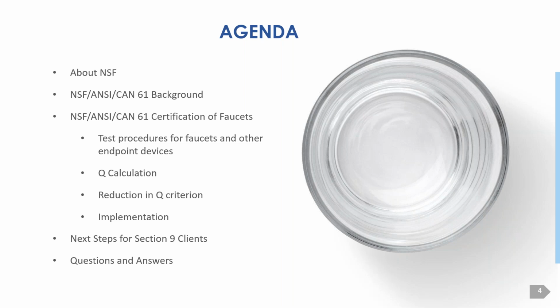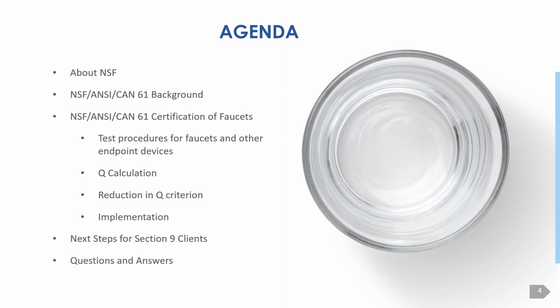Good afternoon, good morning, good evening, depending on where you're joining us from. I would like to talk today about a reduction in this Q statistic that is used to evaluate faucets for lead extraction. So under NSF 61, faucets and other endpoint devices are evaluated using a calculation known as a Q statistic. After giving background on NSF and NSF 61 generally, I'll describe this Q calculation for lead extraction from mechanical plumbing devices in section 9.